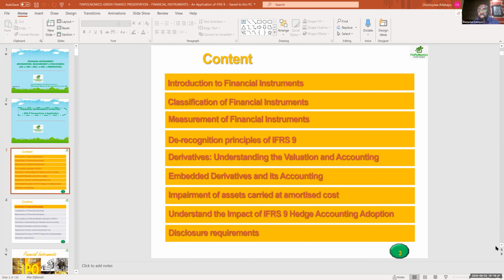The depth of hedge accounting will be discussed when we get to corporate reporting. And finally, we end with disclosure requirements in line with IFRS 7. Okay, these are what we are going to discuss as we move on. And I want us to pay more attention. It's an interesting topic.